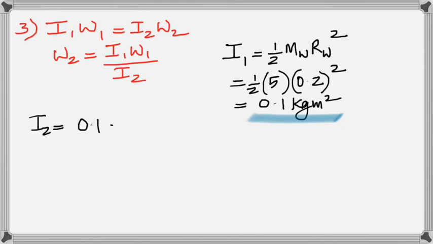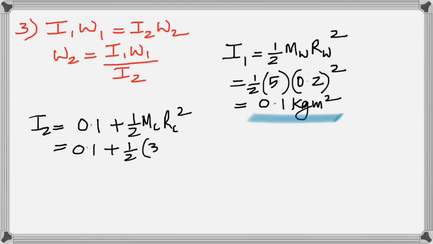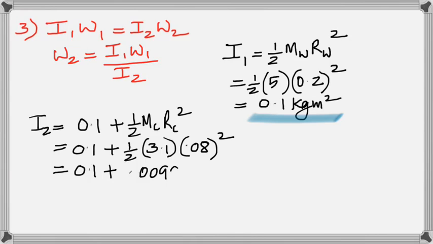So your I2 would be 0.1, which is already there, plus 1.5 times C is the clay thing, which you already found out, and you said, let's see. I remember that the answer was correct, whatever you said, 0.08 squared. Didn't you get 0.00992? Isn't that what you said? Okay. So when you add them up, you get the new moment of inertia.